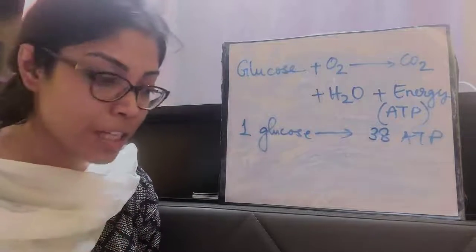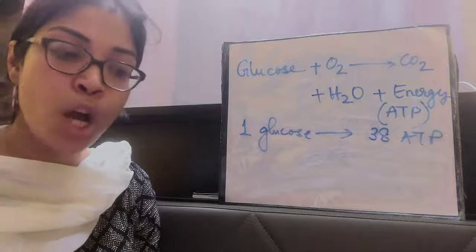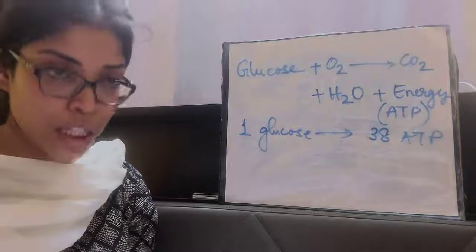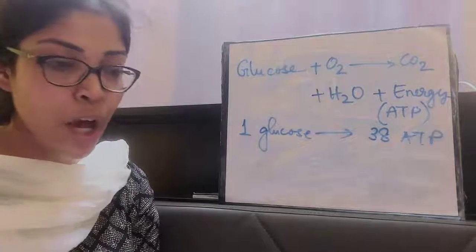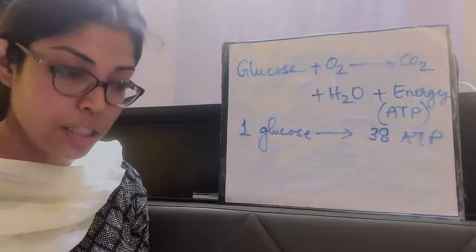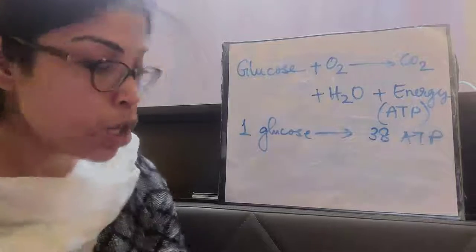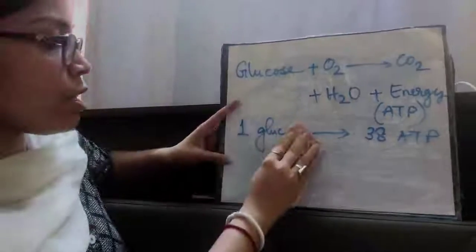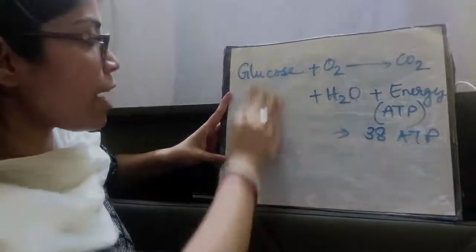So breathing and respiration are always different, don't confuse between the two. Moving on to types of respiration. So what are the types of respiration? Let's talk about that now.